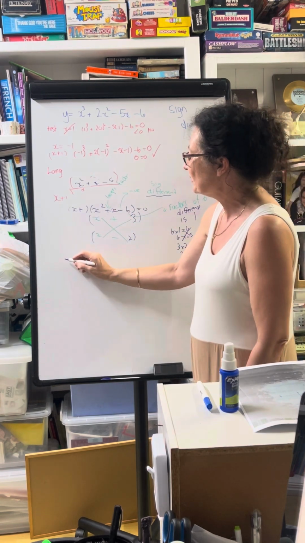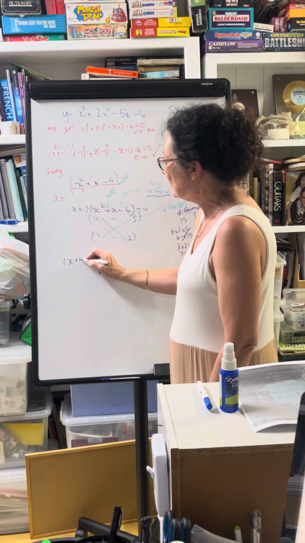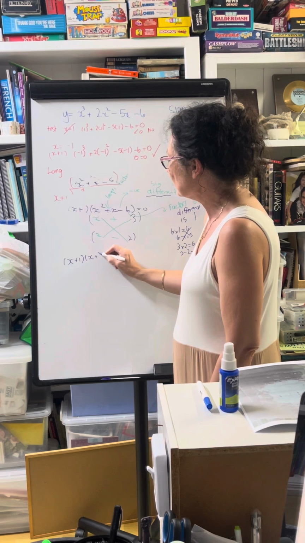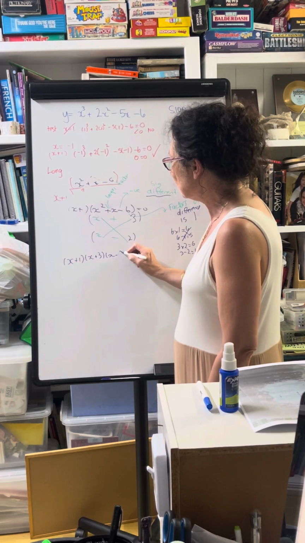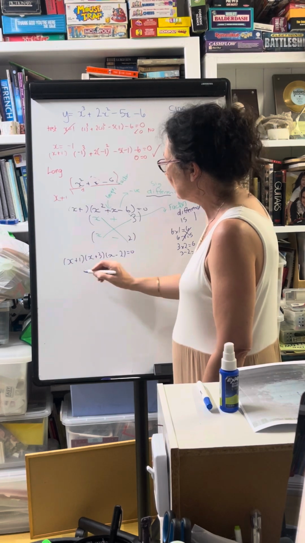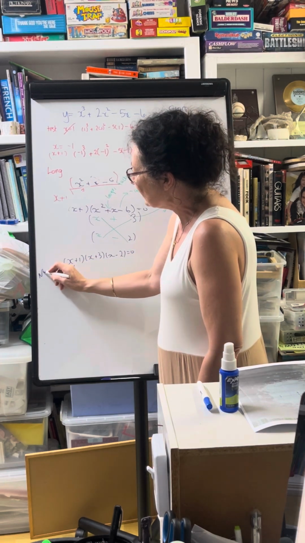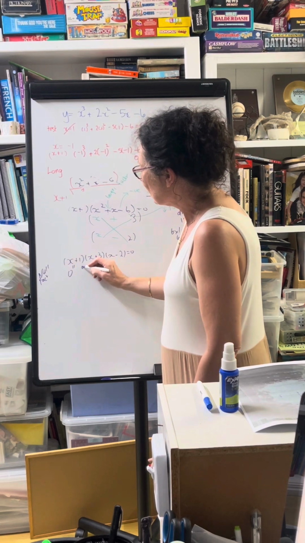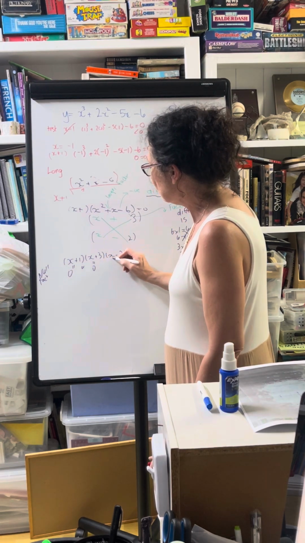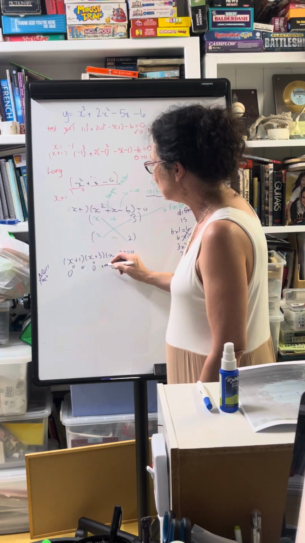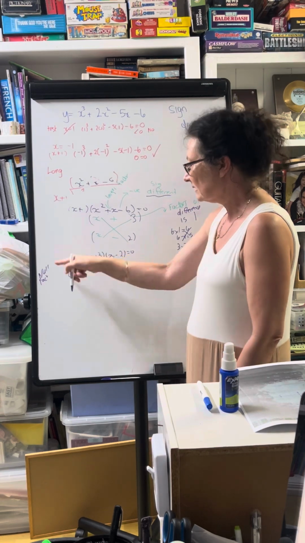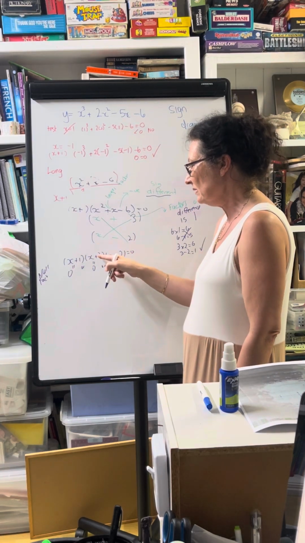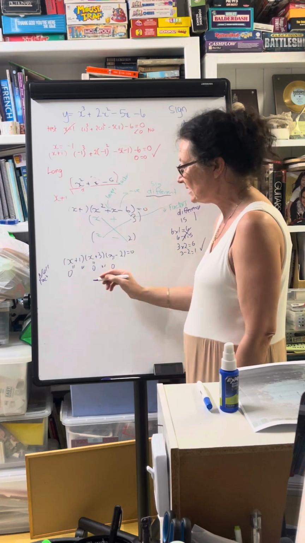And then lo and behold, we have x plus 1, x plus 3, and x minus 2 equals 0. And we use our null factor theory, which I did the other day. Either this equals 0, or that equals 0, or that equals 0. And all that means is, 0 times anything is 0. If this was 0, that times whatever they are would be 0.